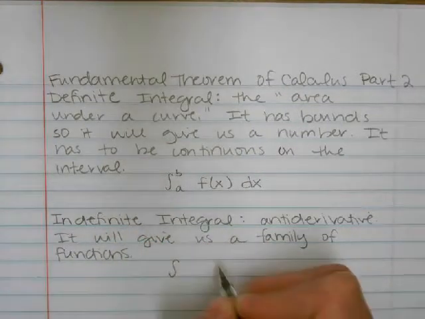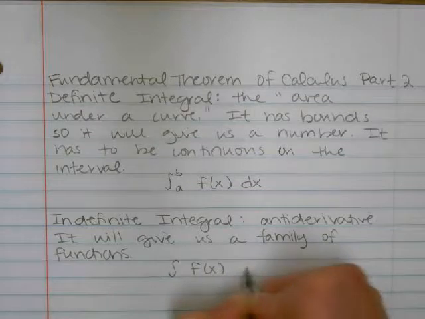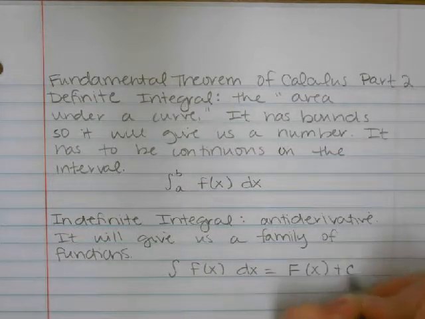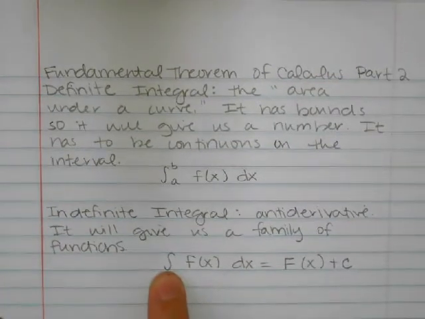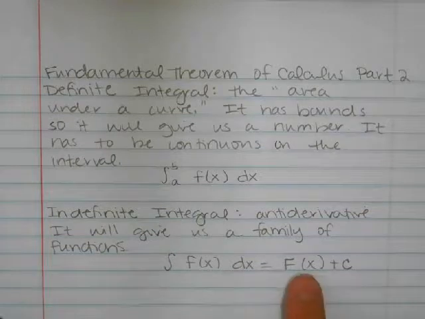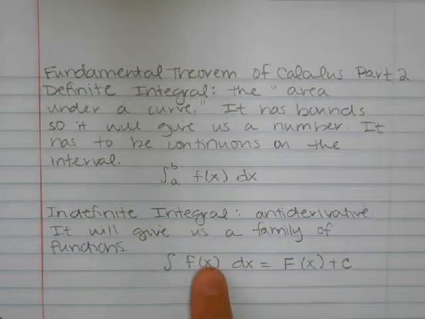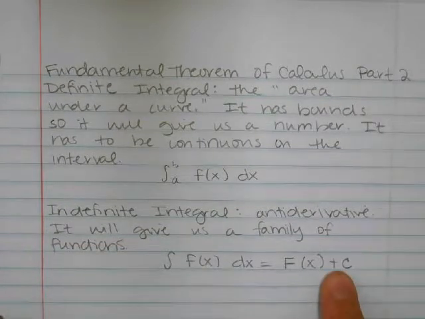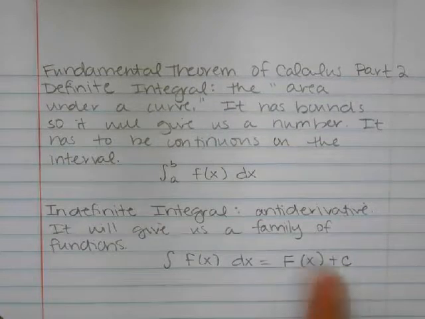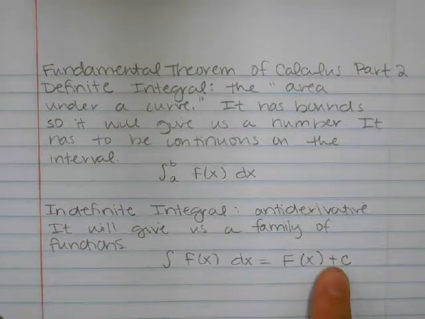This would look like the integral of f of x dx, and that is the antiderivative plus c. Here I'm not looking for a specified area underneath the curve. I'm just saying that all of these functions would have the same derivative, and it wouldn't matter what the constant is at the end. So it's a family of functions that just have different constants at the end.